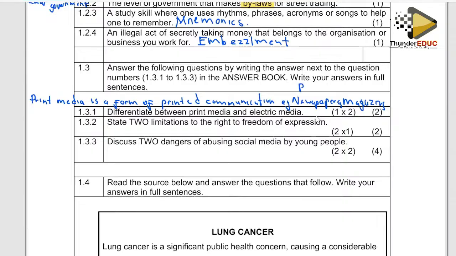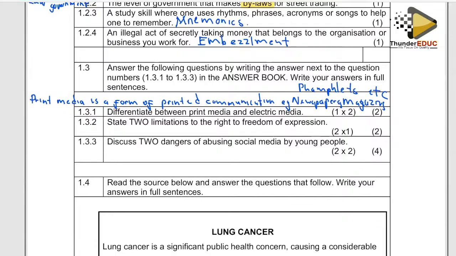Then we also have pamphlets. I'm not going to list the whole list, but it involves that. Even books are a form of printed media. Then posters, leaflets, flyers, all those form part of print media.